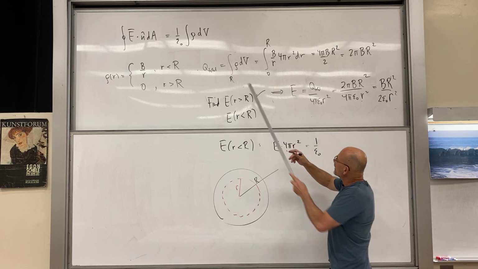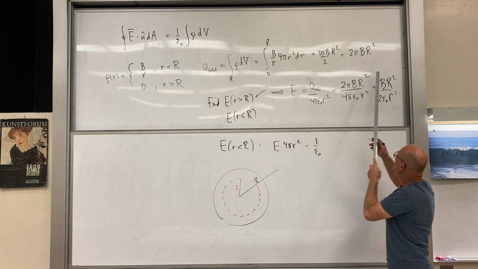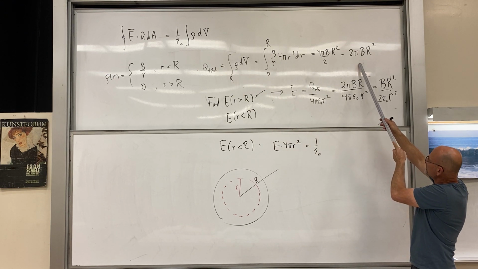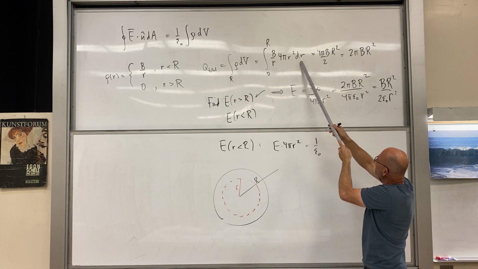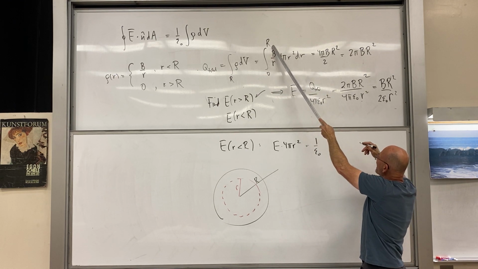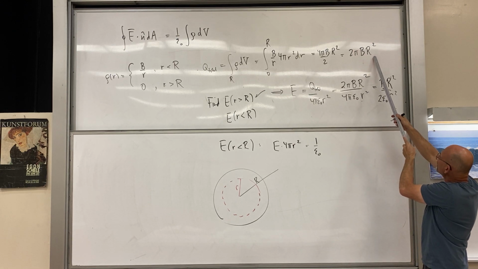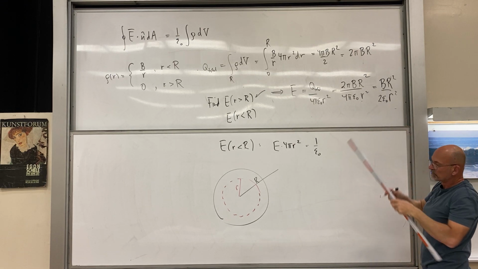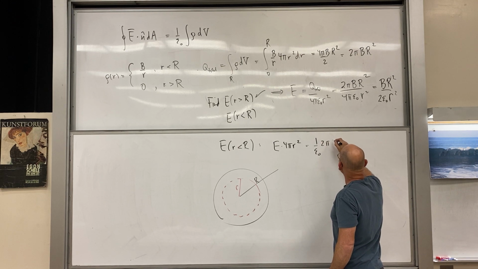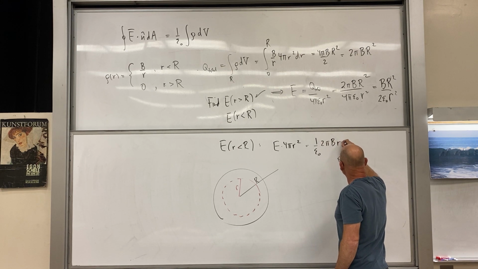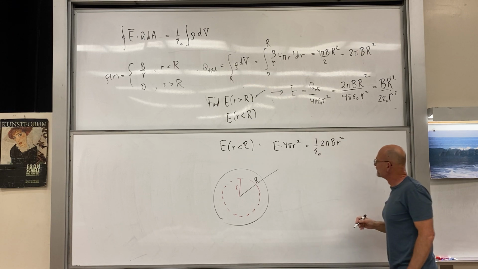So this integral here, which we've done, if we have an r prime, dr prime, and go out to lowercase r, it's just going to be lowercase r squared. Okay, so we'll have 2 pi B lowercase r squared.